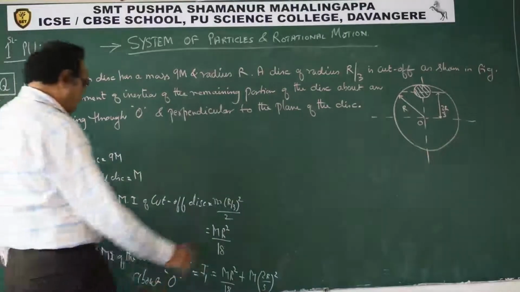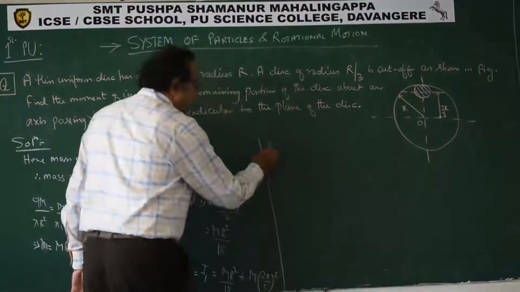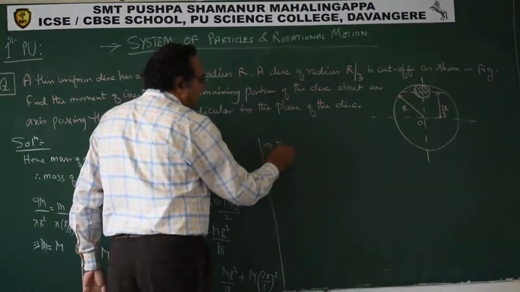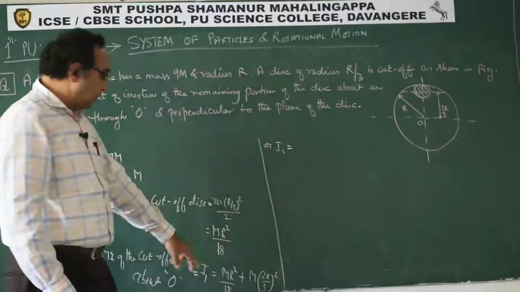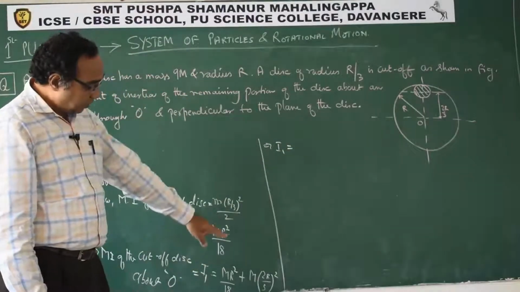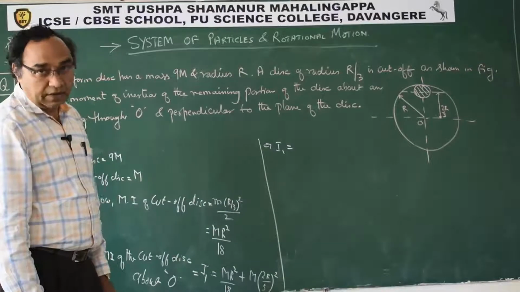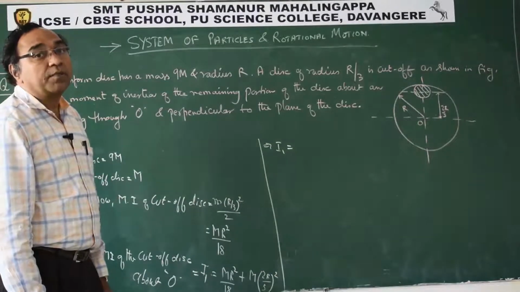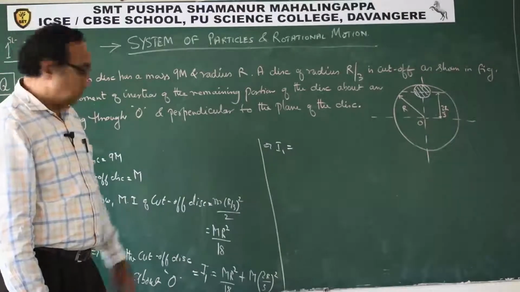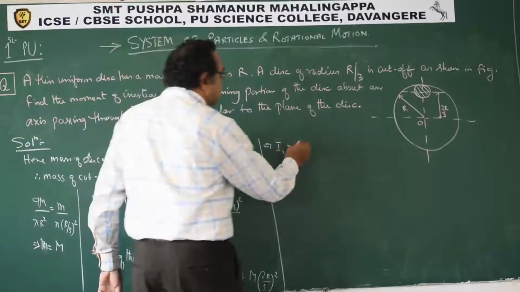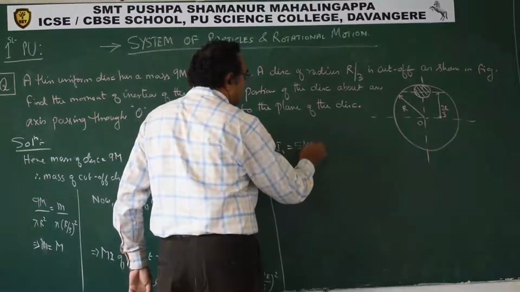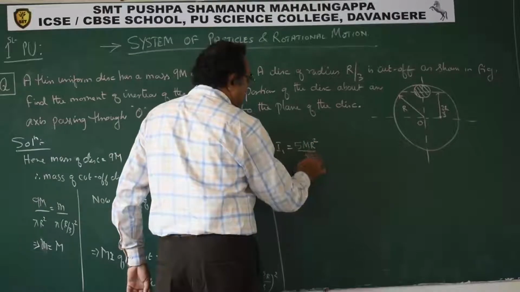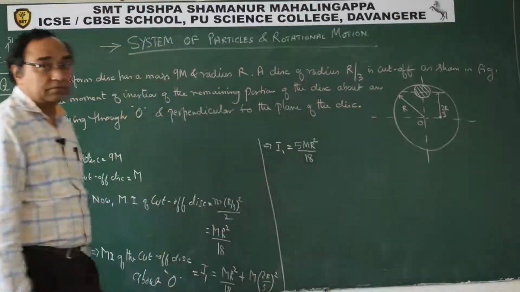So from this, I1 will be mr square by 18 plus 4 mr square by 18. So 5 mr square by 18. This is what we get as I1.